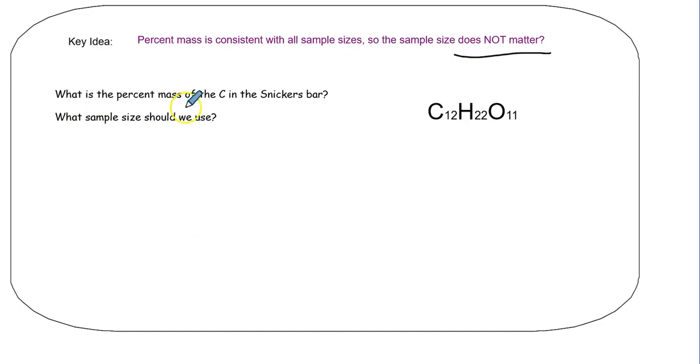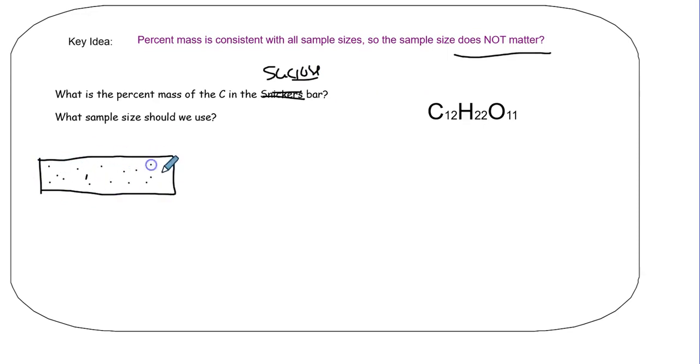What is the percent mass of carbon in a Snickers bar? Okay, so in actual sugar. The sugar we're using in the Snickers bar is sucrose. So let's look a little closer. Again, what we did so far, we took our Snickers bar and it's got a certain amount of sugar in it, and we did the percent mass of the sugar for the entire bar.